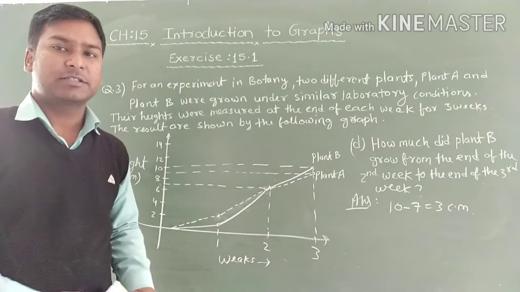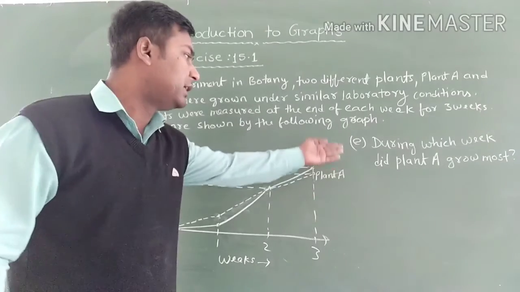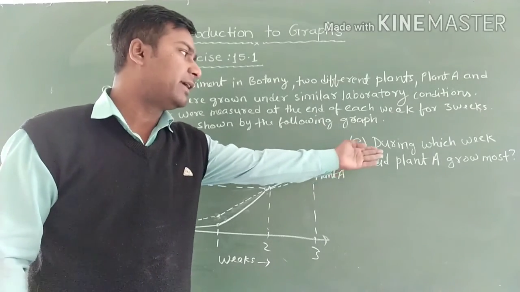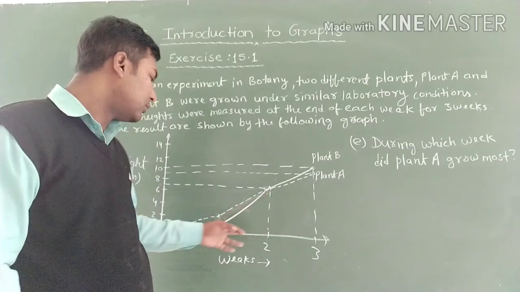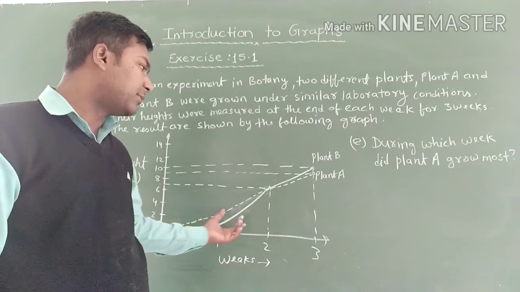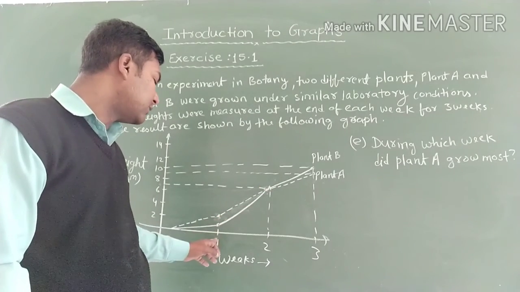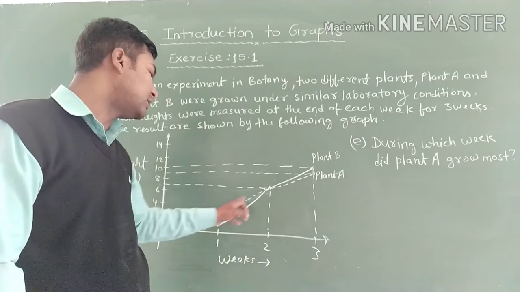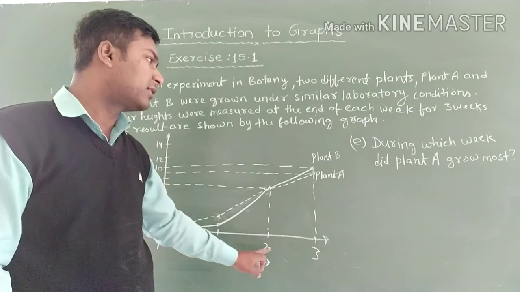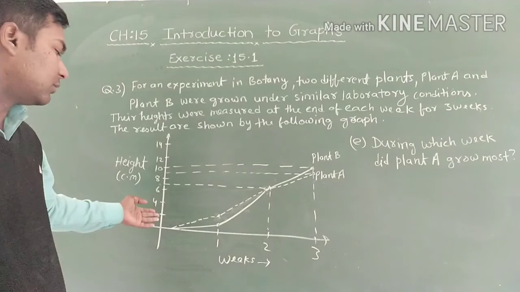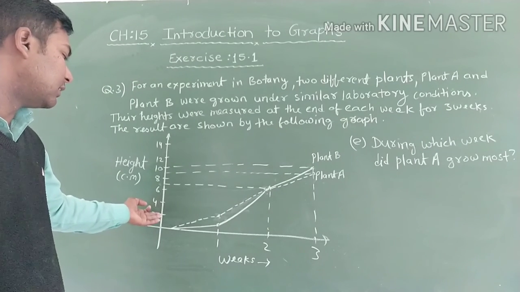Now the next question, number E. E part, during which week did plant A grow most? Plant A is the dotted line. So what is the longest line segment in plant A, in the dotted line? So this one, first week to second week. This is the longest line segment. So from the first week to the second week, the plant grows most.